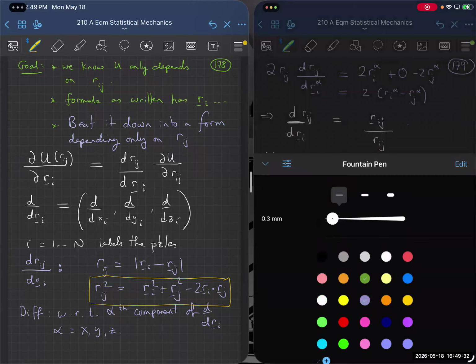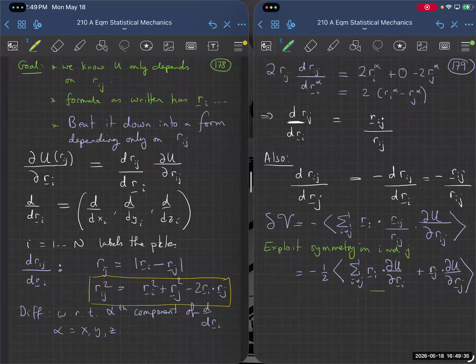Because I'm summing over i and j, this term and this term are actually equal, because i and j are just dummy variables. I'm just summing over all i, all j. Therefore, this thing inside the angle brackets is twice what I had before, and so that's why I've divided by this factor of 2 over here.